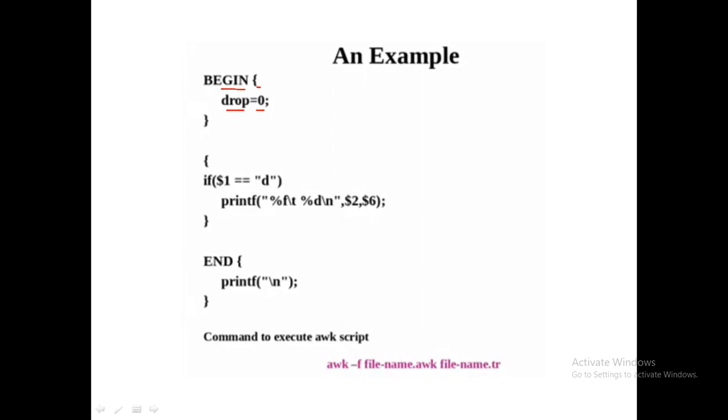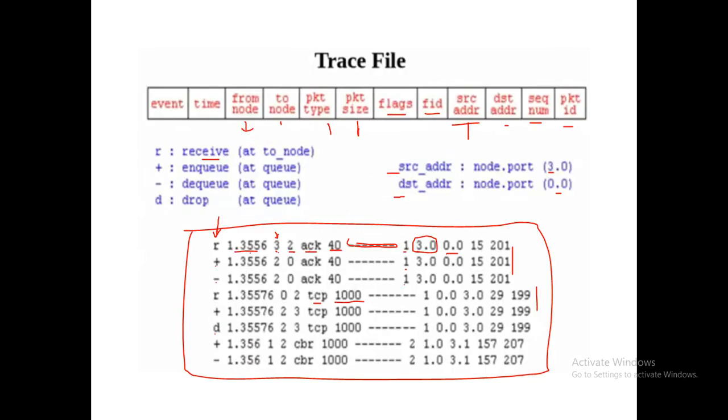Now we go to the second block of our awk, where I write the actual rules. If $1, which in our trace file is the event field, I have to identify the D, because I want to check how many packets have been dropped.